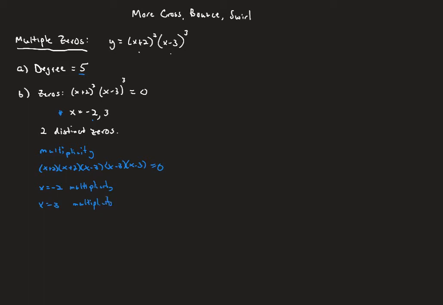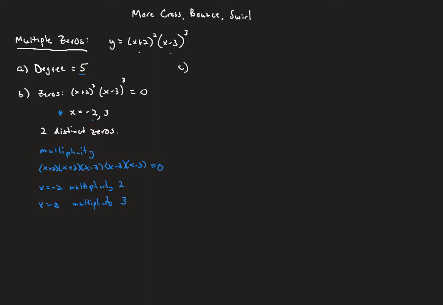If we agree to this, then 2 plus 3 is 5. That agrees with what we're going to say from our fundamental theorem of algebra, that this has 5 zeros. It just happens that 2 of them are negative 2, and the other 3 are positive 3. So that's this new idea of multiplicity.